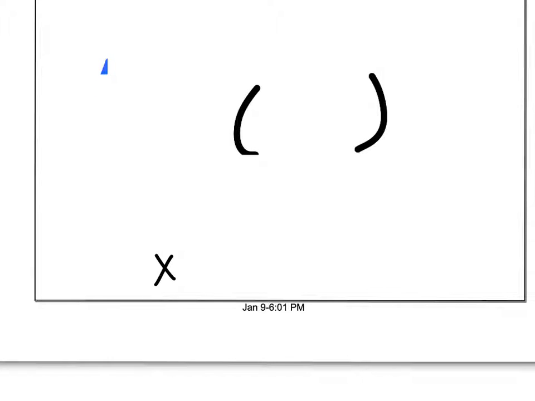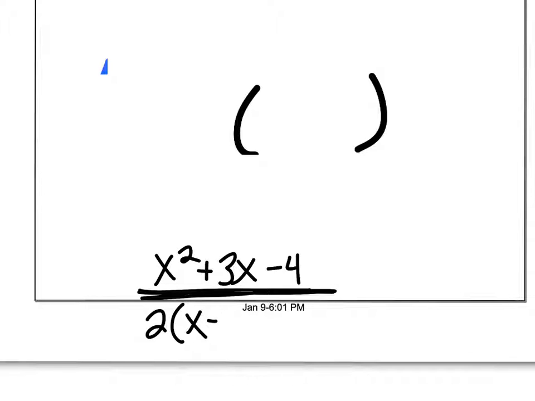X squared cannot be combined with anything. My negative 3x plus 2x is a negative 1x, and that negative 1x plus 4x is going to be a positive 3x. Then I have minus 6 plus 2, which gives me a negative 4, or minus 4. And then take that answer and write it over, again, your common denominator.